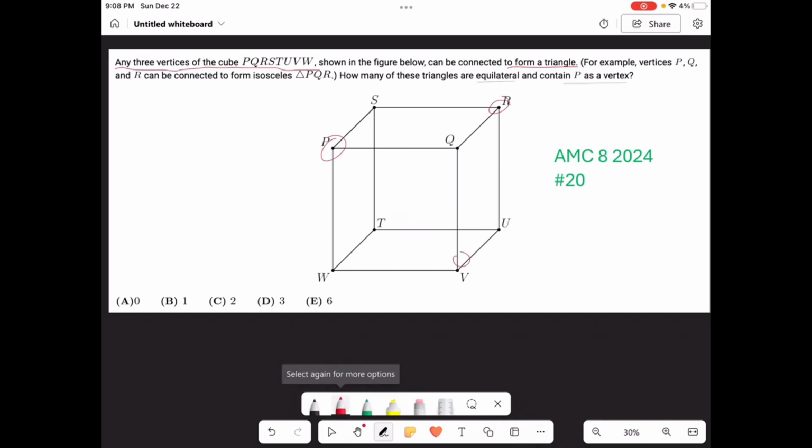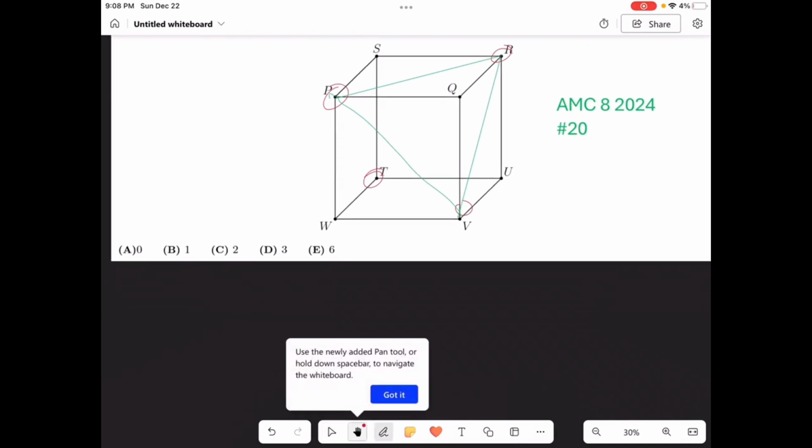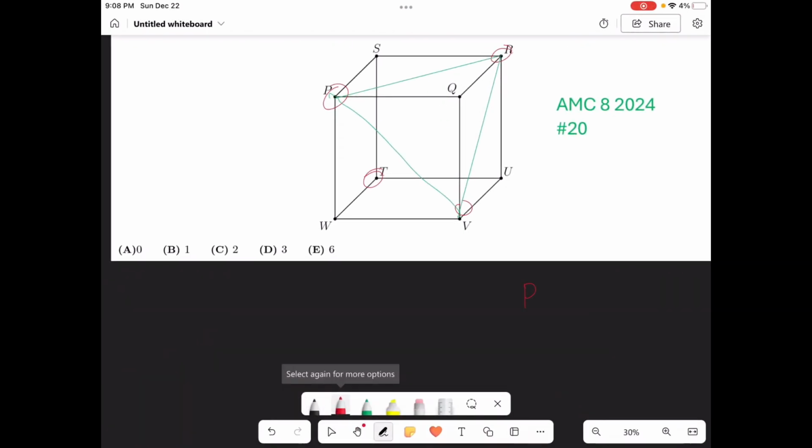So let's list out our options. That's one way to do it. We can do P to R, R to V, and V to P. Yes, that would be an equilateral triangle. So let's list that here: triangle PRV.